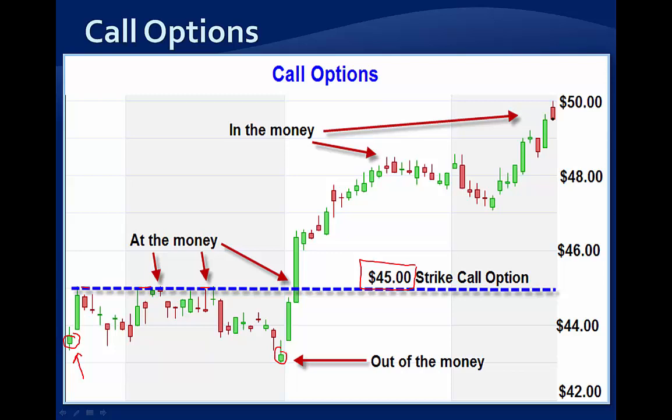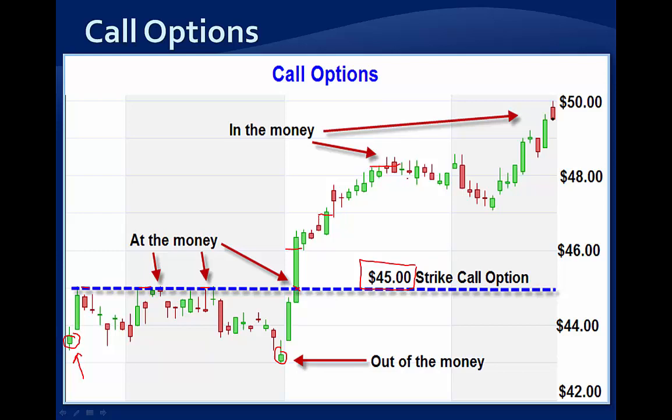But then all of a sudden there's a turning point. Good news, whatever it is, and the stock blasts higher. Now, when it was at 45, it's called an at the money option. And as the stock keeps exploding higher, 46, 47, we say, okay, now that option is an in the money option, right? It gives us the right to buy at 45, and the stock's worth more than that.